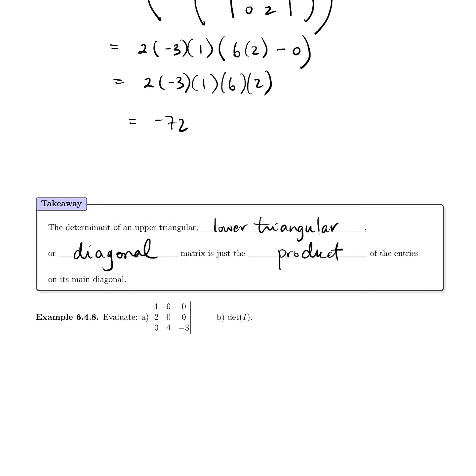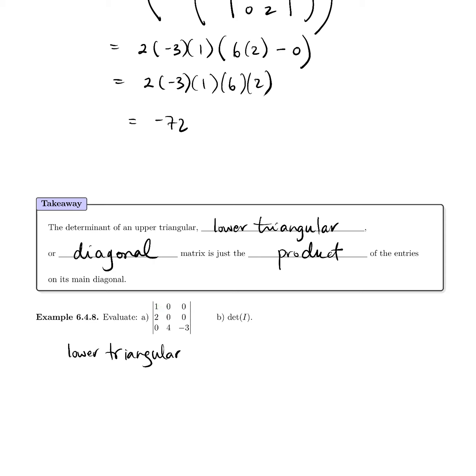And so that is information that we can use in example 6.4.8. We're asked to evaluate the determinant of A, this matrix. Well, this matrix is lower triangular, right? And so I can actually do the expansion. Yes, I could do Sarrus's rule or do the expansion every time. But if I imagine going along row 1, then I have exactly the same thing that happened in the previous example: a first entry with a bunch of zeros.